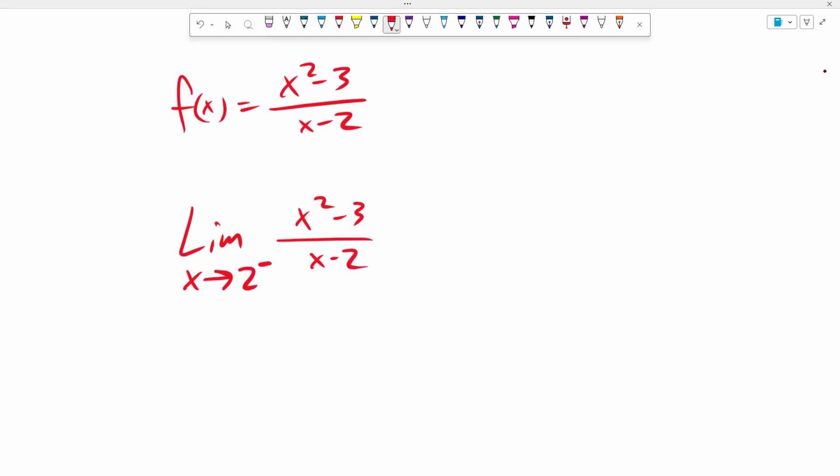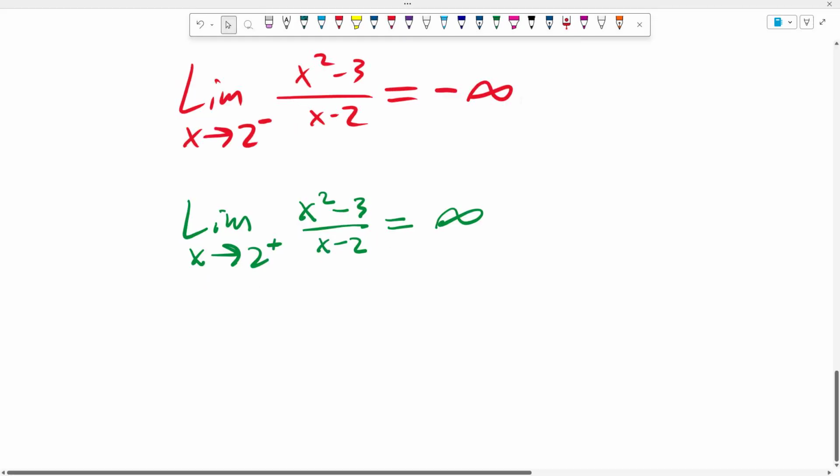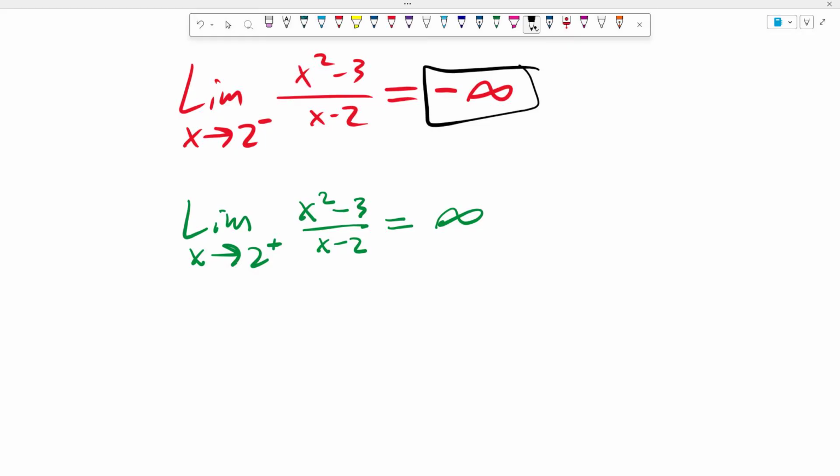We plugged in values, they kept going smaller and smaller. So we say the limit is equal to... some people say the limit does not exist.